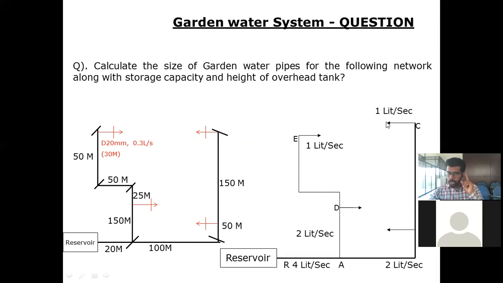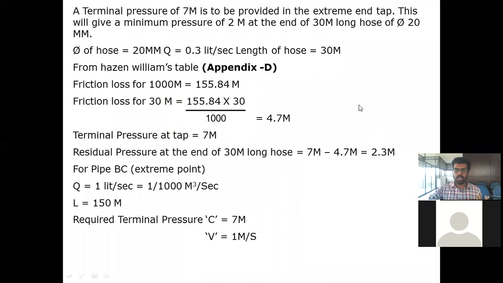So if there is a 4.7 meter friction loss in this line, how much should be the head at point C to get 2 meter head at the end of this line? It will be 2 plus this friction loss 4.7, is 6.7. Correct? So I think you understood that.